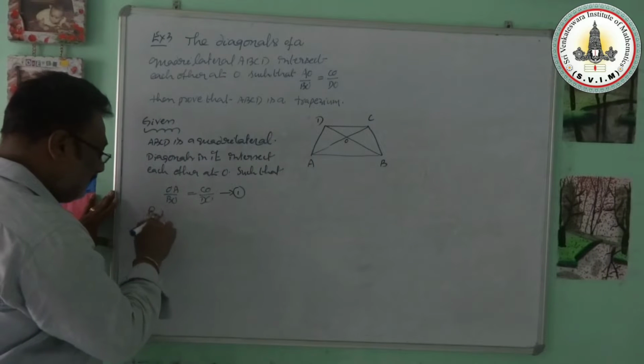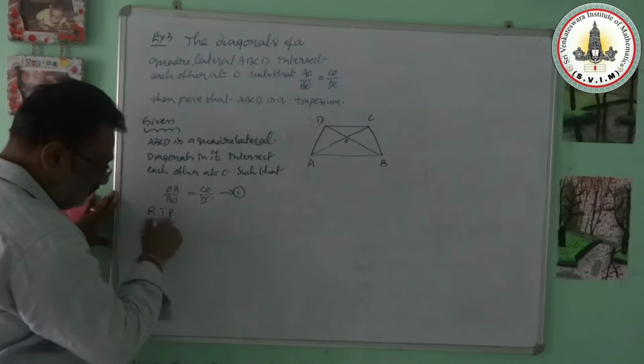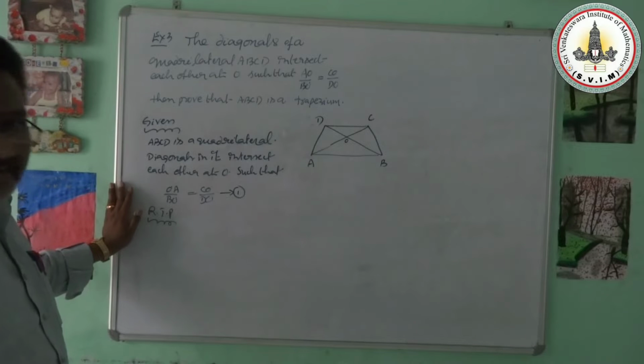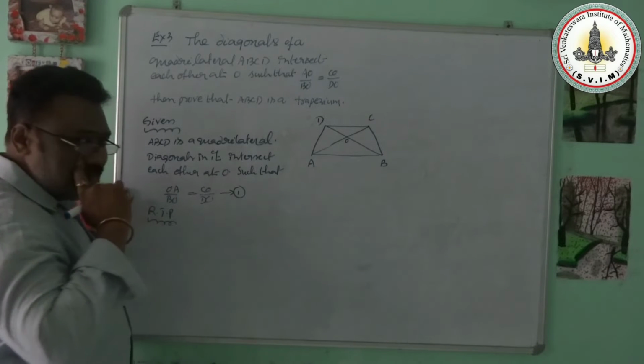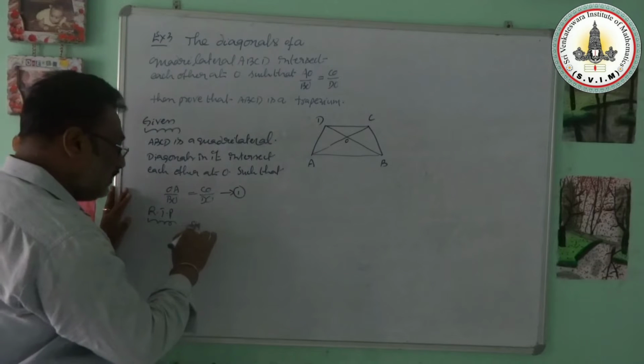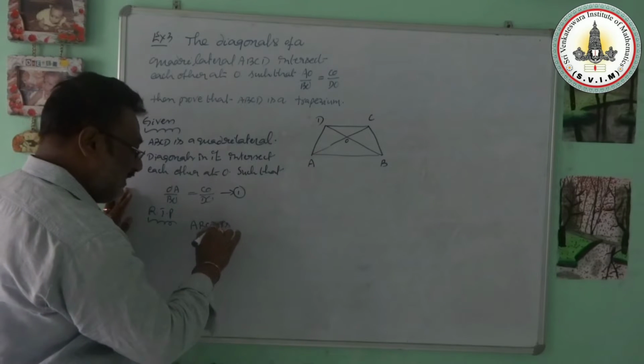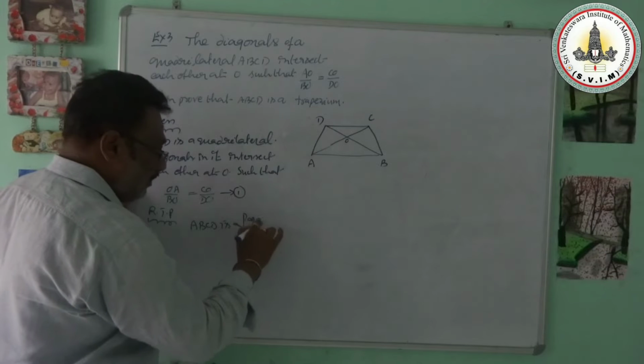Next, required to prove. What are we required to prove here? That the quadrilateral you are taking here is a parallelogram. In that way we need to prove. So ABCD is a parallelogram.